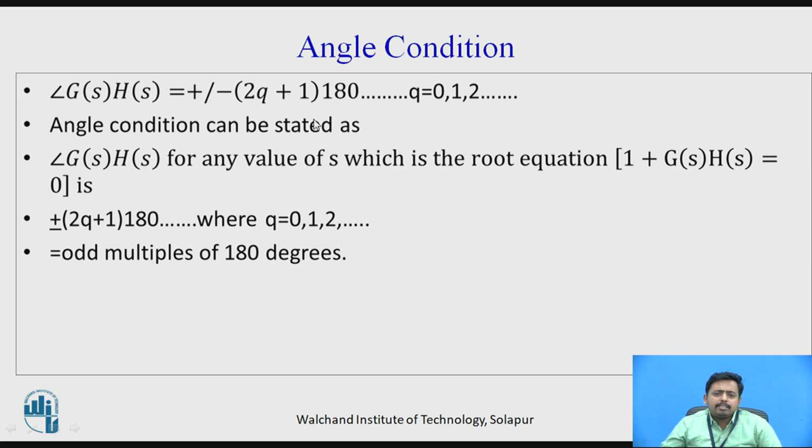So the angle condition can be stated as the angle of g of s h of s, for any value of s which is a root of 1 plus g of s into h of s equal to 0, is 2q plus 1 into 180 degrees, where q is 0, 1, 2 and so on. So the angle at any value of s should be an odd multiple of 180 degrees, that is given by the angle condition. If this angle condition is satisfied, it should lie on the root locus.